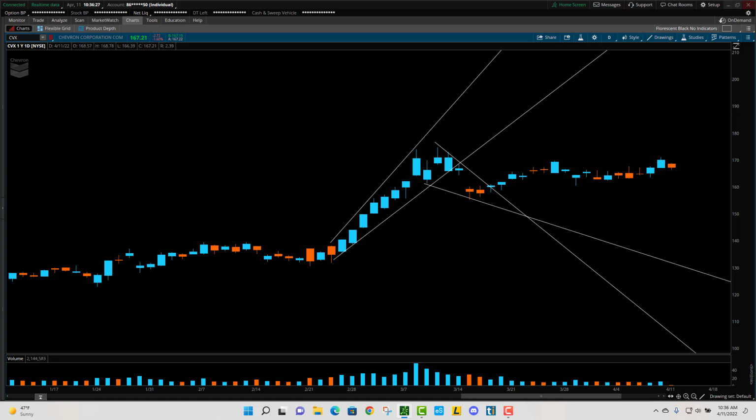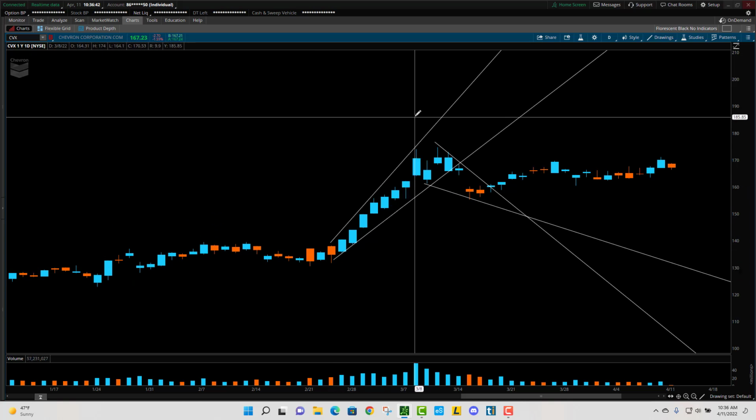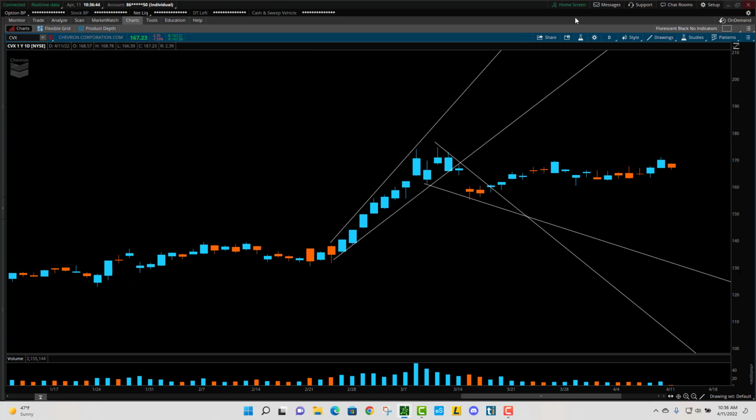It typically happens, but it's a matter of when. It doesn't always happen when you want it to happen, right? So you'll see this one just gradually went like this until it filled the gap over in here, and then it just traded sideways. But that's another flag, or bigger overall flags. So you look for those smaller patterns and then you look for them in the bigger overall patterns.